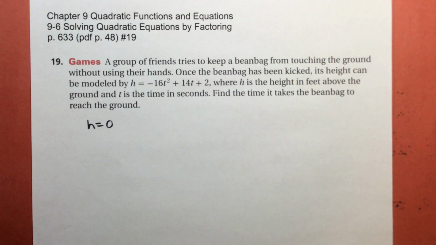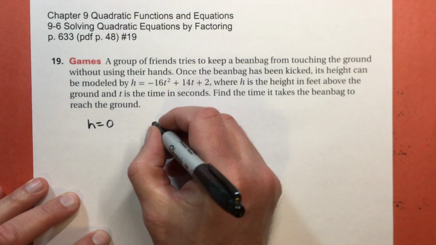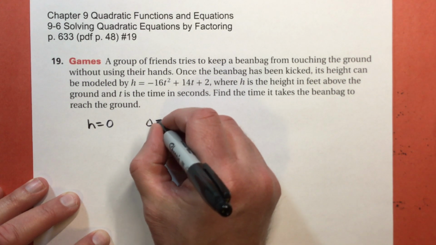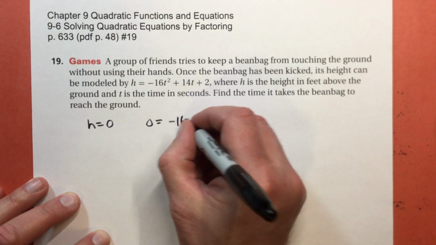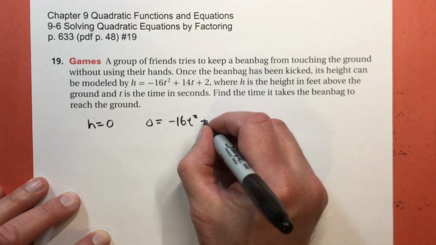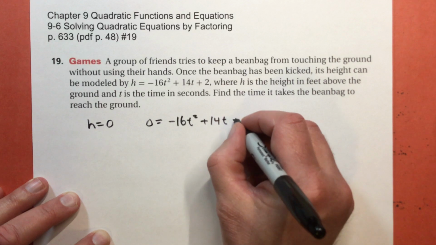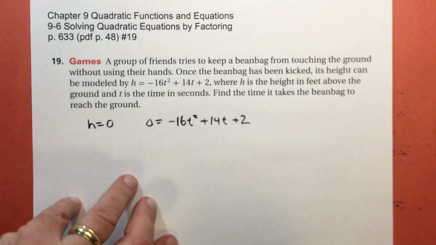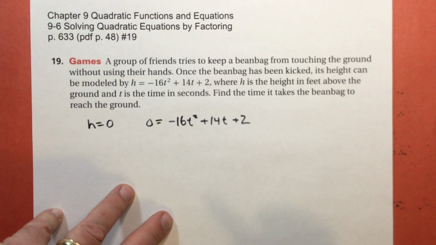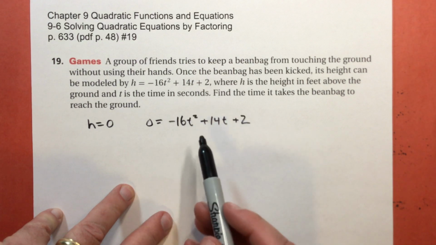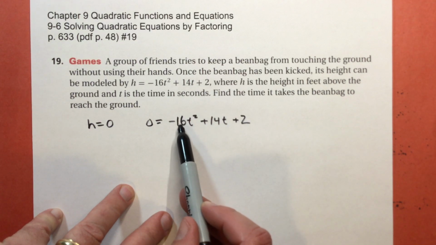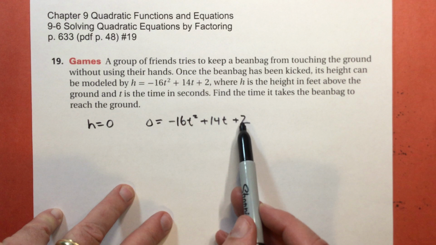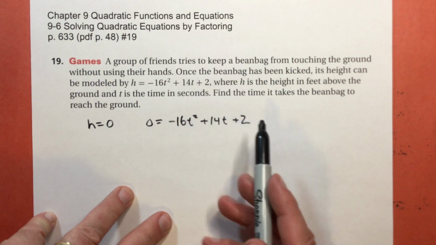So this tells me that 0, because the height is 0, equals negative 16t squared plus 14t plus 2. I want to factor this, but the first thing I notice is that all these numbers are even, so they're all multiples of 2.